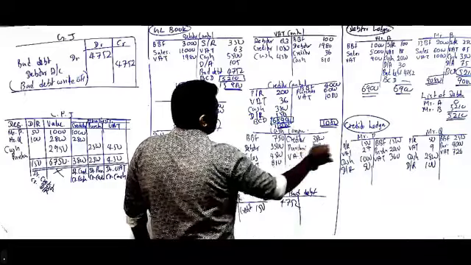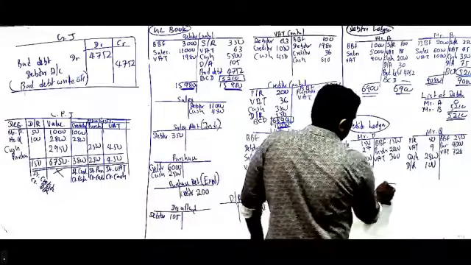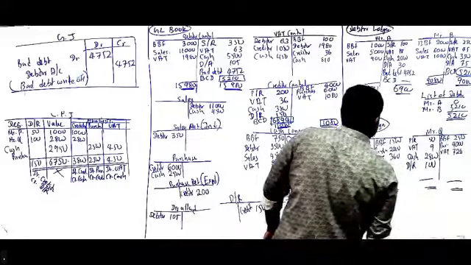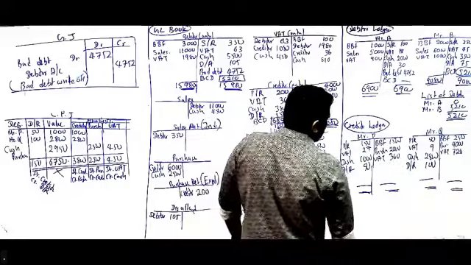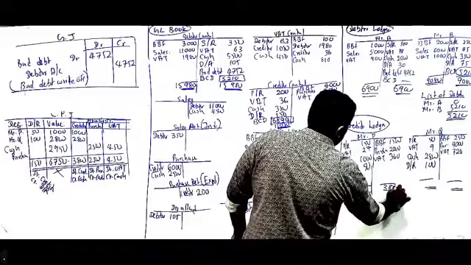Now balance Mr. P's and Mr. Q's accounts. 3,500, 3,860.